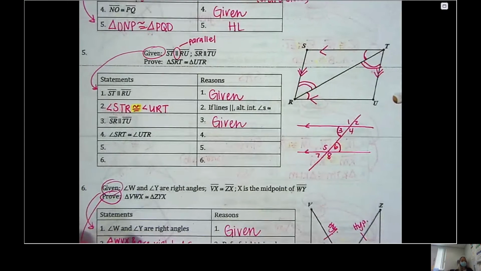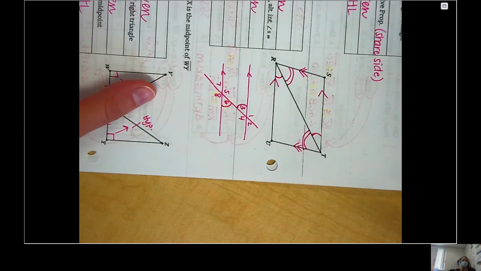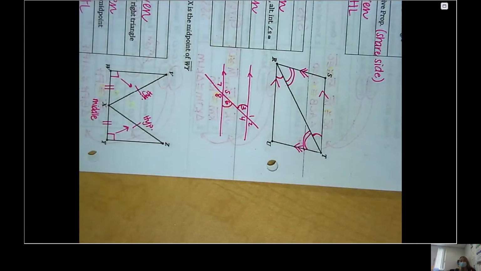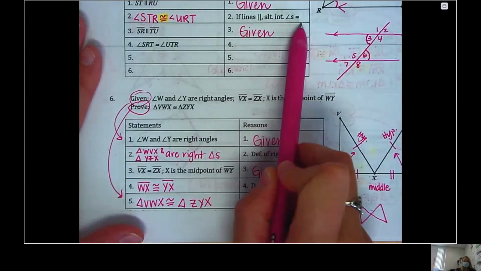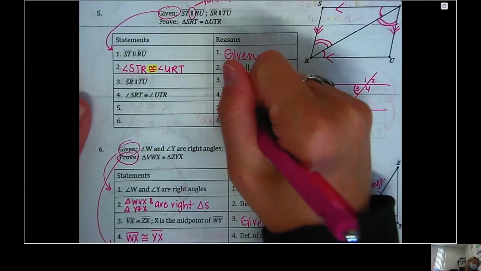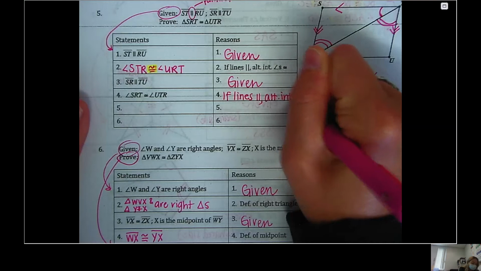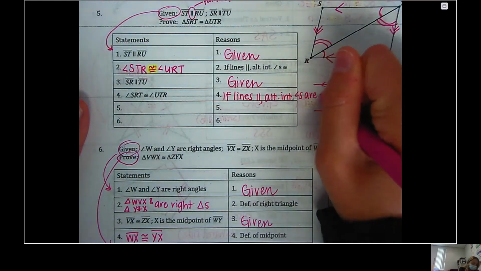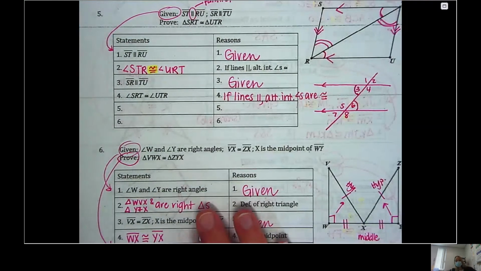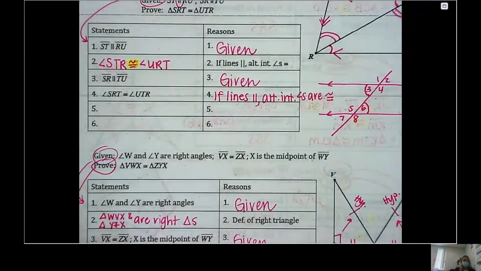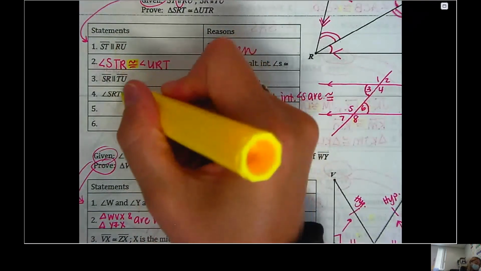What kind of angles are those? So if I turn my paper this way, these 2 angles are what kind of angles? Are they interior or exterior? Interior. Are they on the same side or alternate sides? Alternate sides. So it's the exact same sentence as right here. If lines are parallel, alternate interior angles are congruent. Okay, there's my second congruent symbol.